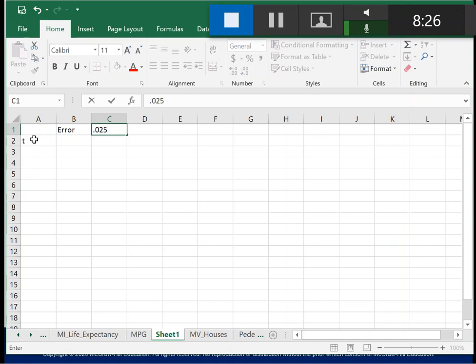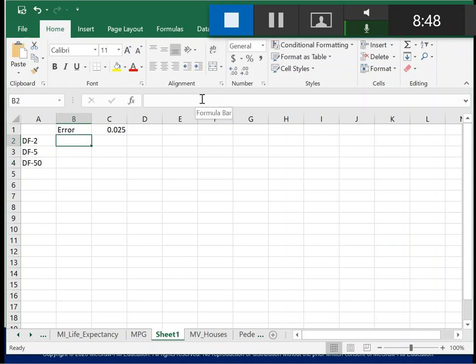And let's calculate it with the 2 degrees of freedom that we looked at before, 5 degrees of freedom, and 50 degrees of freedom.